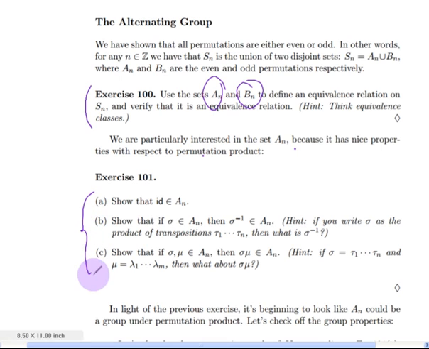Okay, so that's the content of this exercise. So we'll focus in on the even permutations, and we'll see that the identity is an even permutation, as we indicated from earlier. You'll show that any even permutation has an even inverse, and we'll also show closure.